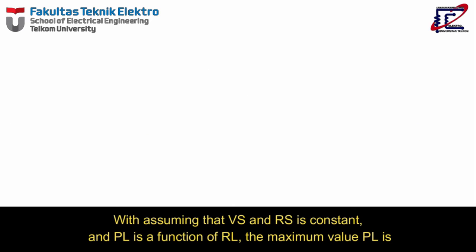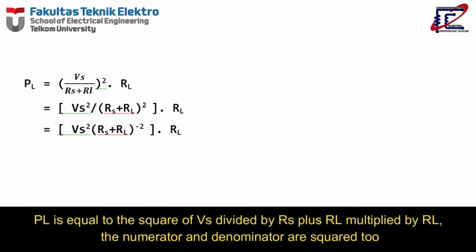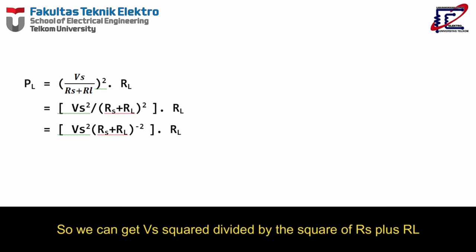Assuming that Vs and Rs are constant and PL is a function of RL, PL is equal to the square of Vs divided by Rs plus RL, multiplied by RL. The numerator and denominator are squared too, so we get Vs squared divided by the square of Rs plus RL.